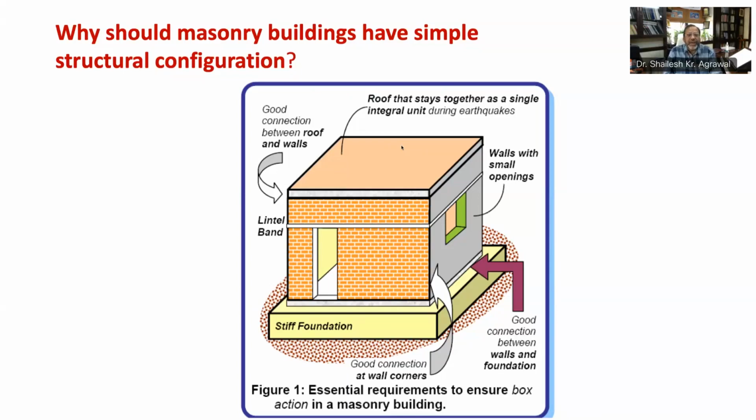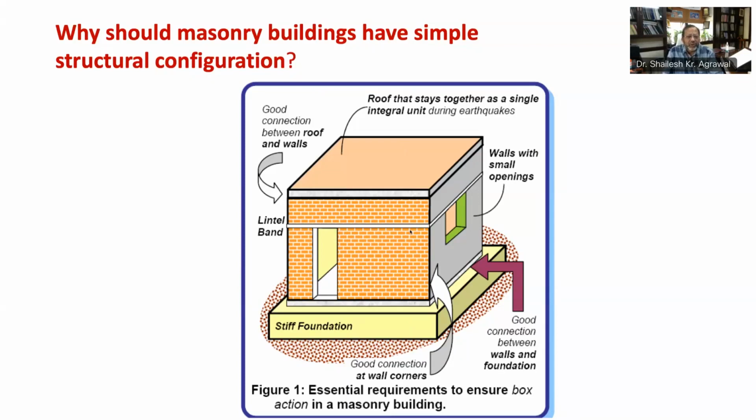A good box action between all the elements of the building, that is, between roofs, walls, and foundation, ensures earthquake-resistant construction, as shown in this figure. For example, a horizontal band introduced at the lintel level ties the walls together and helps them behave as a single unit, like a box.